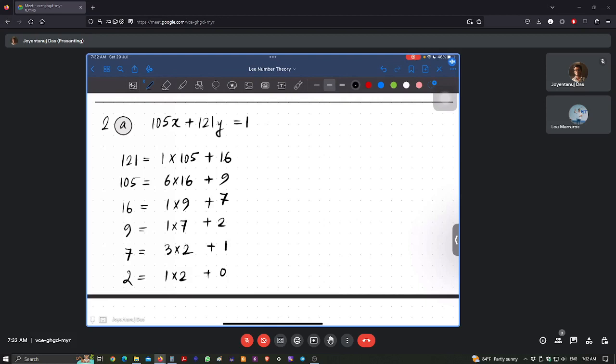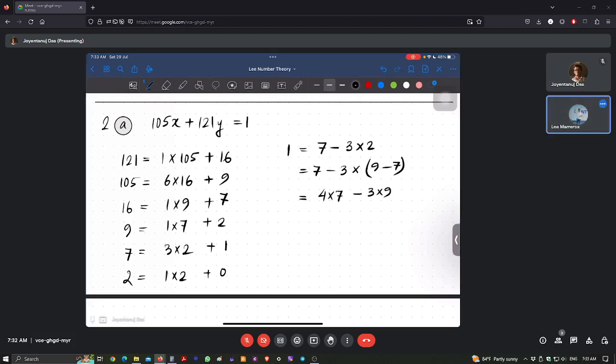So now you have to go backward. So 1 equals 7 minus 3 times 2. So 2 is 9 minus 7. So 4 times 7 minus 3 times 9. Now 7 you have to replace, 16 minus 9.